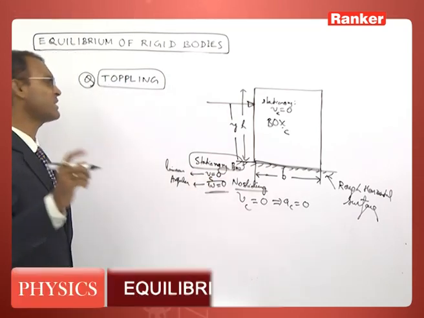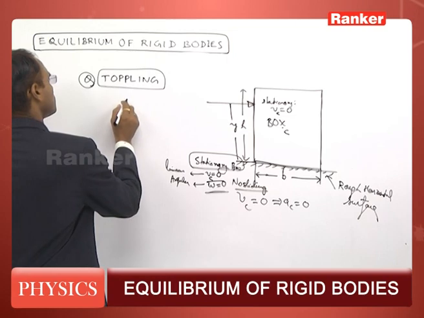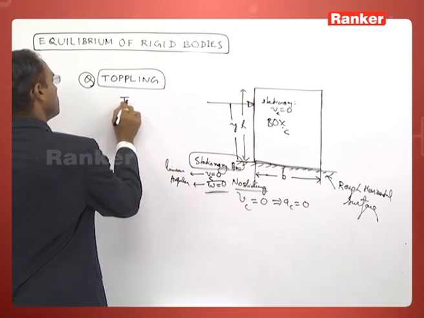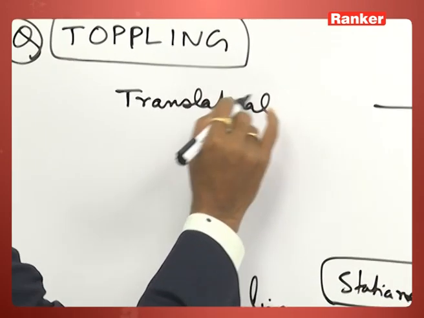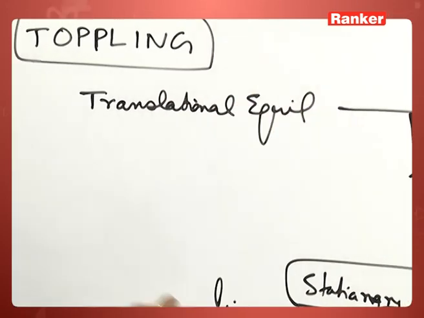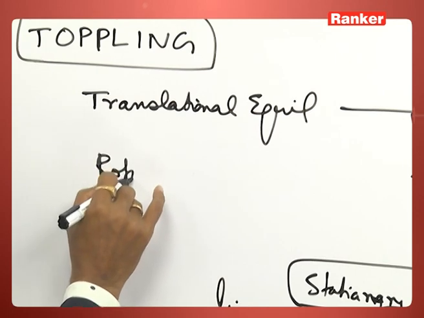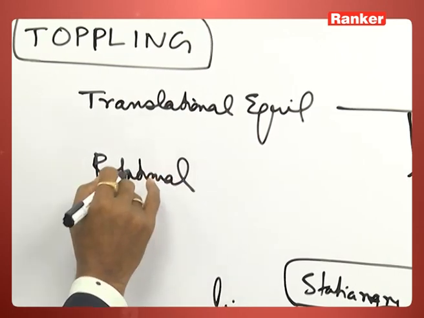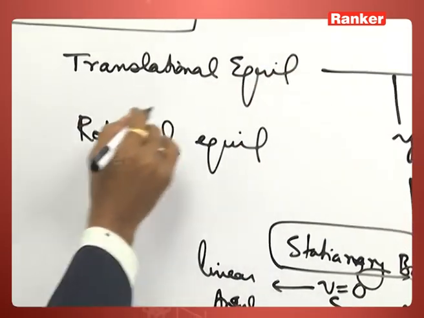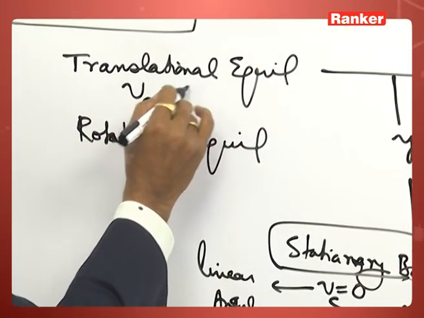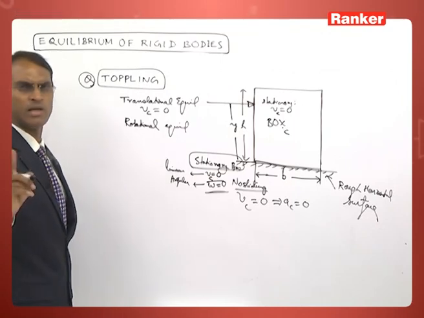Therefore, it is a clear-cut case of translational equilibrium and rotational equilibrium. It is translational equilibrium because center of mass velocity is 0, no linear motion.